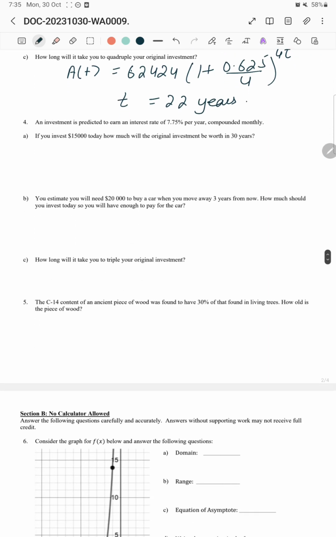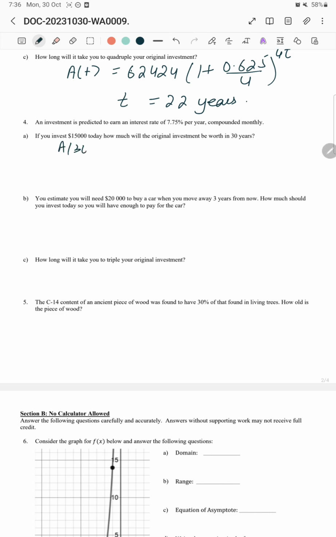And here the investment is projected to earn an interest rate of 7.75% per year compounded monthly. If you invest $15,000 today, how much will the original amount be worth in 30 years?